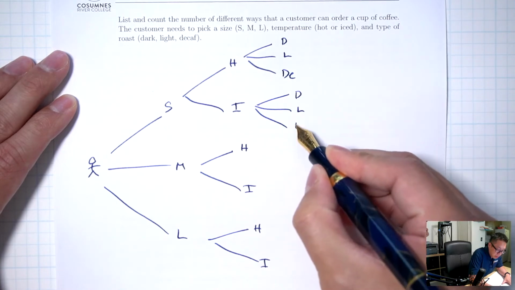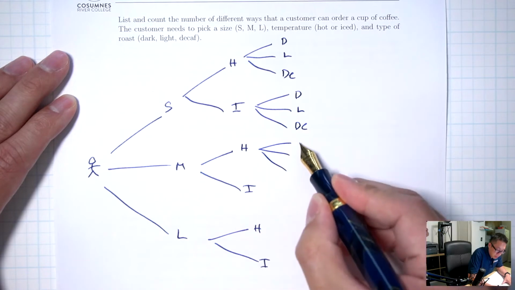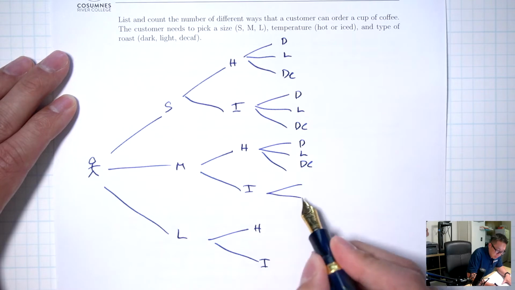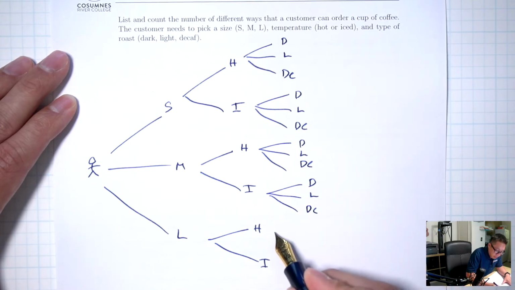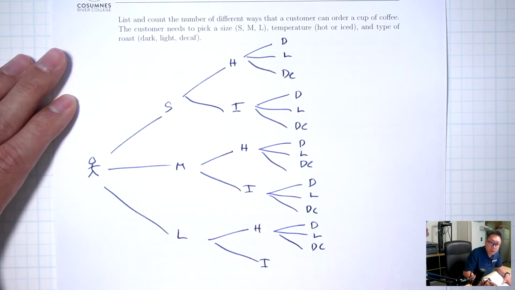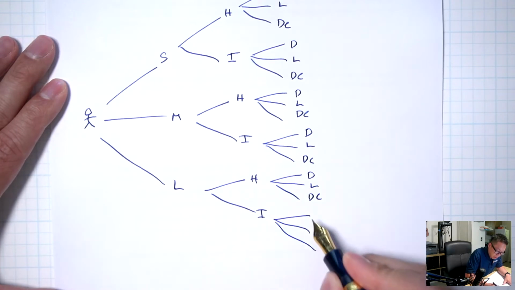Dark, light, decaf. Same thing for this one. Dark, light, decaf. Dark, light, decaf. And then for this last temperature, dark, light, decaf.